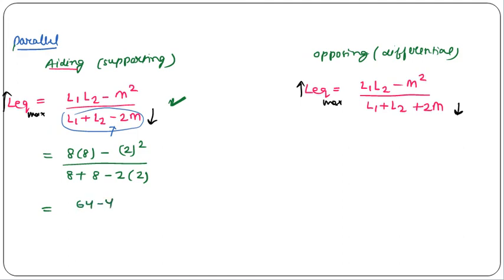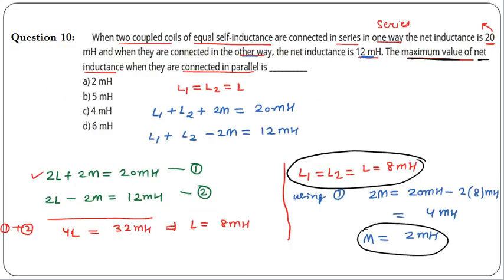So this will be equal to 64 minus 4, that is 16 minus 4. Okay, so this is equal to 60 divided by 12, so this is 5 milli henry. This is the maximum net inductance possible in the parallel connection, and the answer is 5 milli henry, so option B is correct.